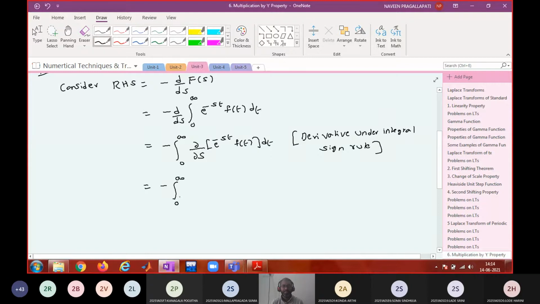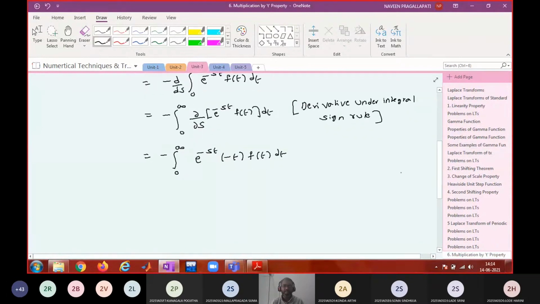Minus t e power minus st. So e power minus st derivative is e power minus st into the derivative of minus st with respect to s, which is minus t, into f of t. Take this negative outside the integral, minus of minus is plus, so this is 0 to infinity e power minus st. Now this is the kernel, therefore what is remaining is t f of t dt.